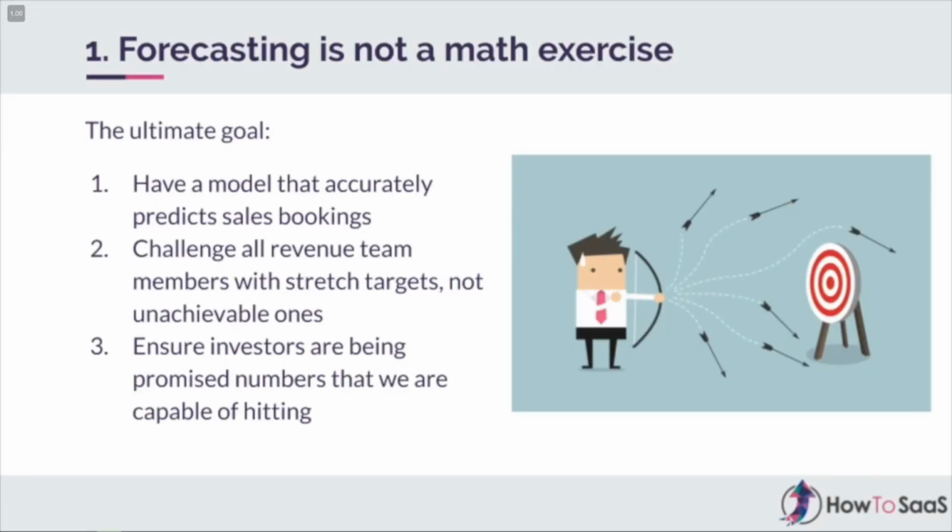Which is a critical point here because forecasting is actually not just a math exercise. We are trying to achieve a specific goal with forecasting, which is we would like to have a model that accurately predicts sales bookings. We still want to challenge all revenue team members with stretch targets, not unachievable ones, and we want to ensure investors are being promised numbers that we are actually capable of delivering on.